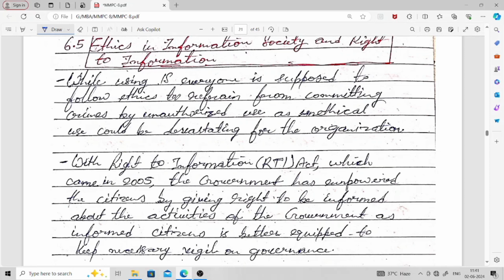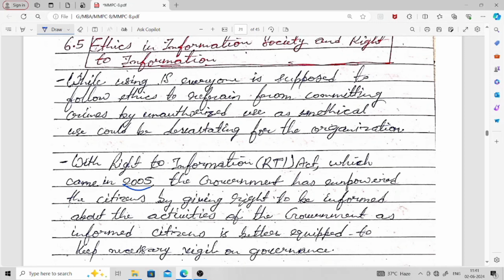So with the Right to Information Act, which came in 2005, the government has empowered the citizens by giving the right to be informed about the activities of the government, as informed citizens are better equipped to keep necessary vigil on governance.